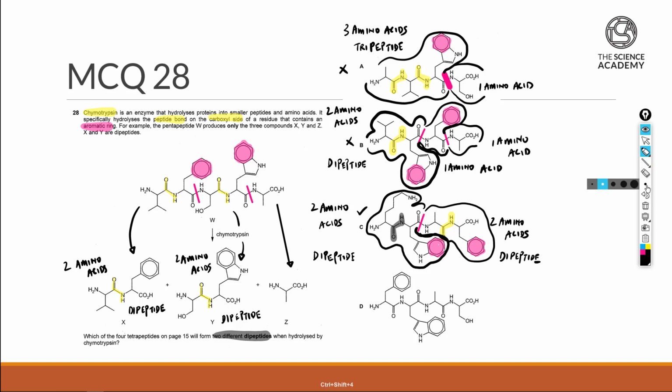But just for the sake of completion to see why option D is wrong, we have benzene ring, and we have another benzene ring. So you should be expecting two sets of cleavage. So we're going to have one of it here, and the next one will actually be over here. So doing the final count over here, this is going to be a single amino acid, and also another single amino acid.